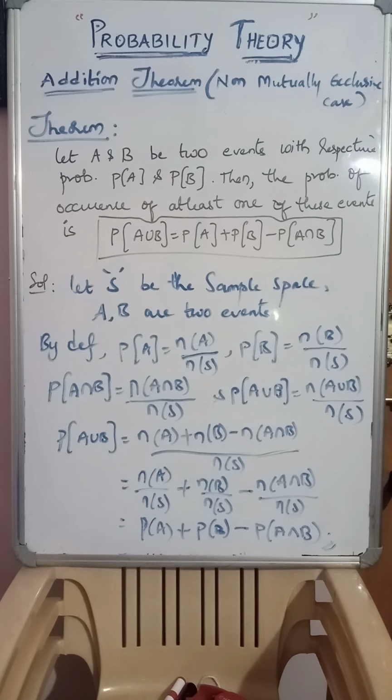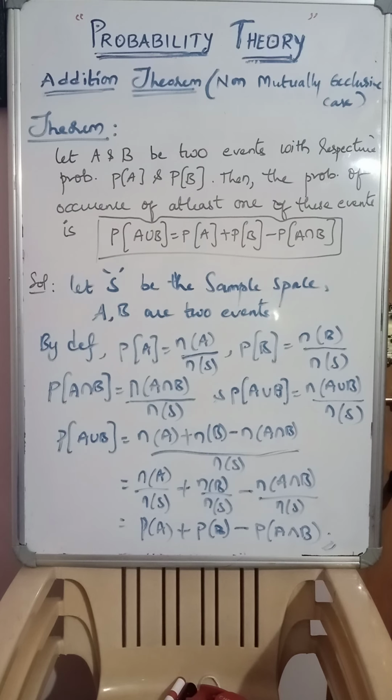Let us see the solution here. Let S be the sample space, the set of all possible outcomes of an experiment, and A and B are two events. By the definition, probability of A equals number of favorable cases of A divided by total number of possible outcomes, n of A by n of S. Then P of B equals n of B by n of S, P of A intersection B equals n of A intersection B by n of S, and P of A union B equals n of A union B by n of S. So we need the union part.